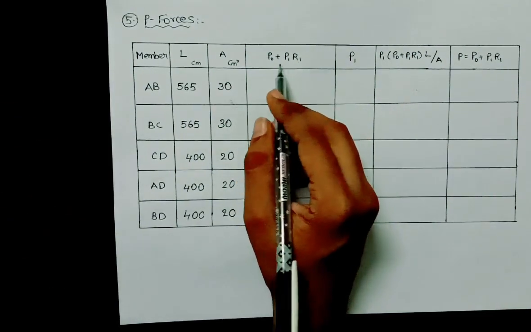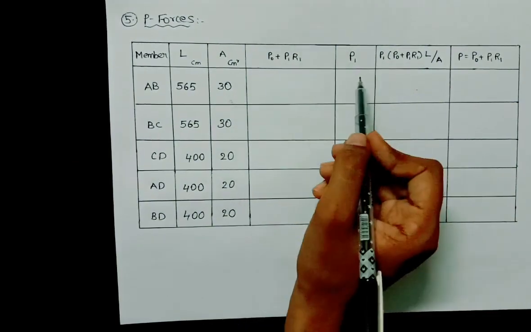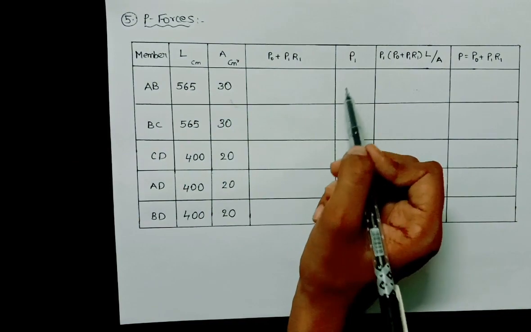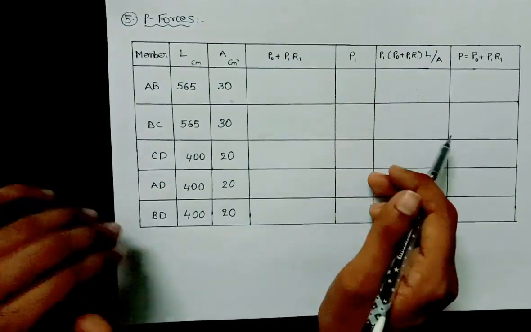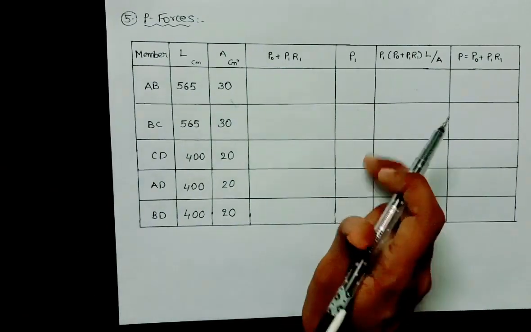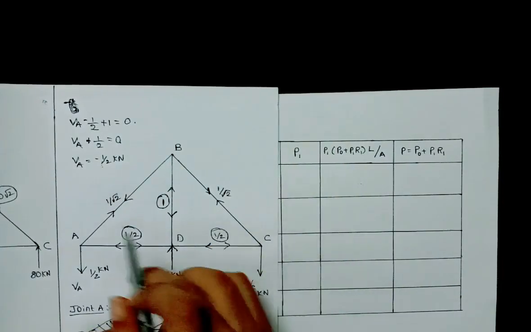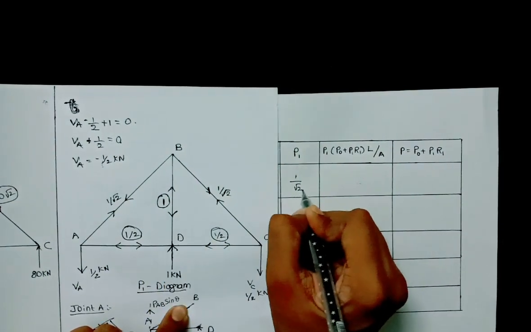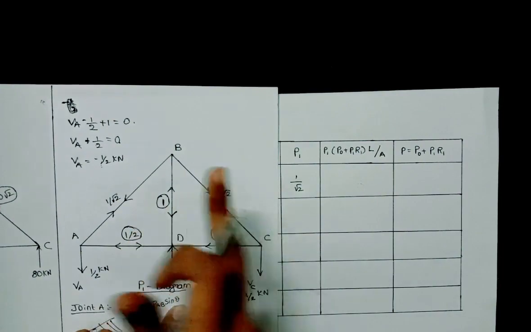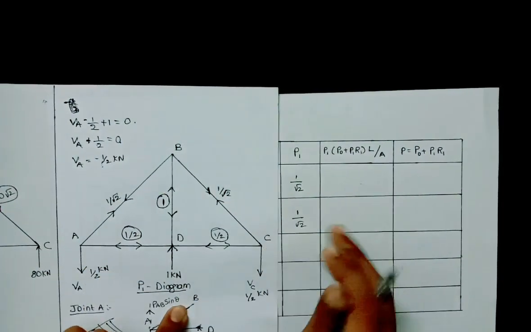Next, P0 plus P1 R1. Before starting this column, please fill in the P1 column. We have obtained the P1 forces from the P1 diagram. By seeing that diagram, place those values here. For member AB, 1 by root 2, it is in tension. For member BC, it is also in tension, 1 by root 2.